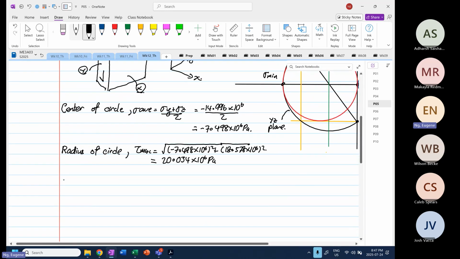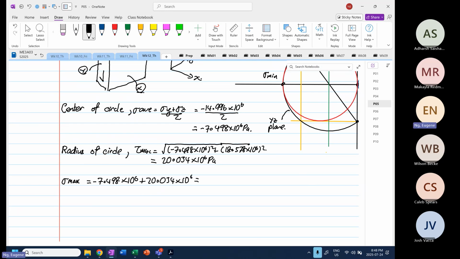So down here, we know the stress max and min. Let's do stress max first, which is equal to minus 7.498 times 10 to the power 6 plus 20.034 times 10 to the power 6, which is equal to positive 12.536 times 10 to the power 6 Pascal.